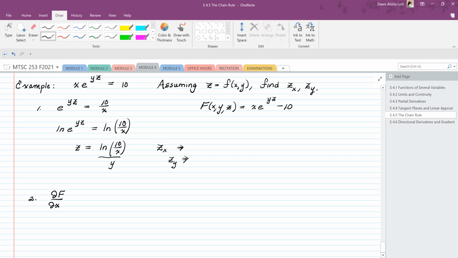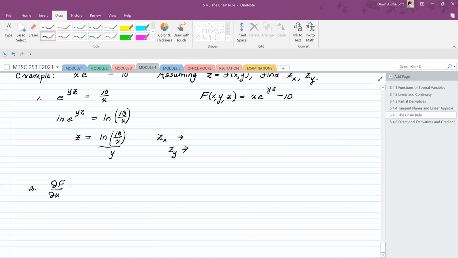Okay. So the partial with respect to x is simply e to the yz. The partial of f with respect to y is xz e to the yz.